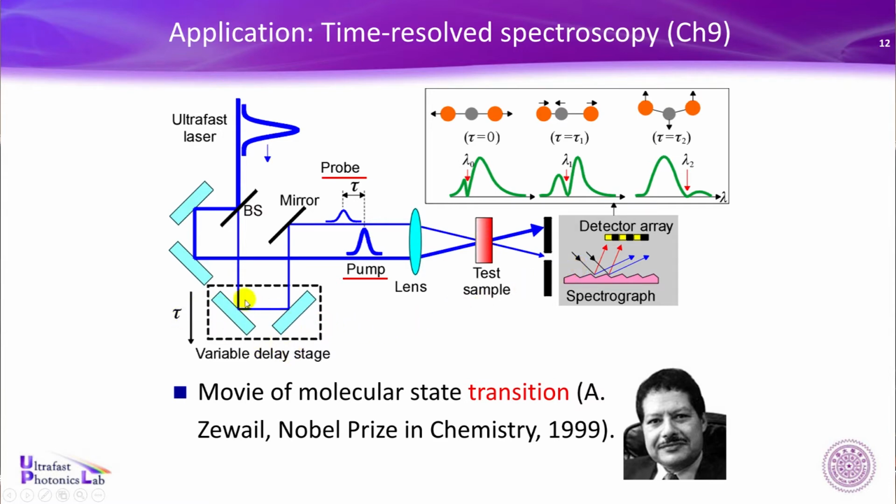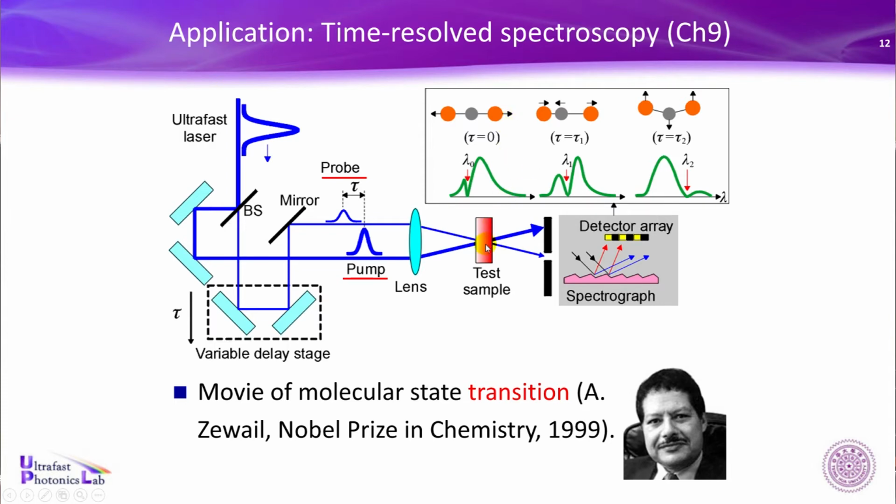So what happens in this test sample? When the pump pulse hits the test sample, let's assume some transition is kicked out. For example, if the test sample is a molecule like this, without any input light, the vibrational state is like this, and it has a certain vibrational period.